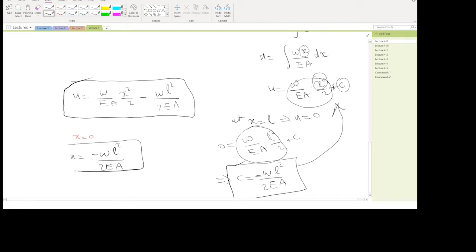So this is the value at x equal to 0. And at x equal to L, we know that u is equal to 0 anyway. I mean, you can substitute L in there. So this is going to cancel together, and u is equal to 0. So u basically is changing between minus wL squared over 2EA to 0.